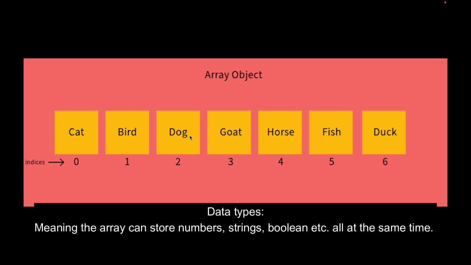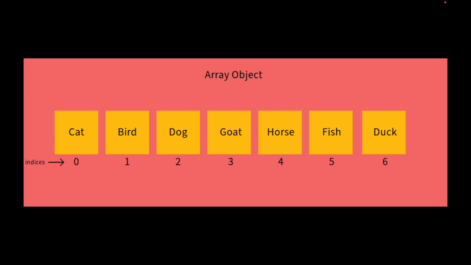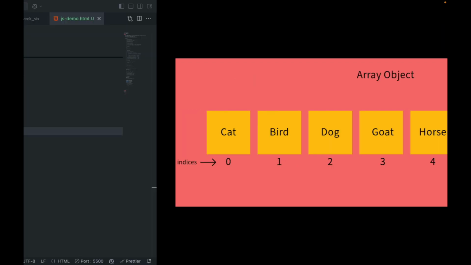And each array has an index, right? The first element in the array has an index of 0. Next is 1, 2, 3, 4, 5, and so on. So that is the concept of arrays.